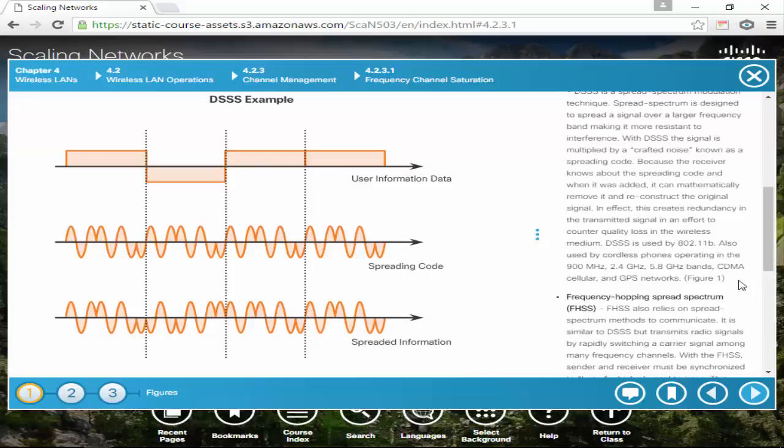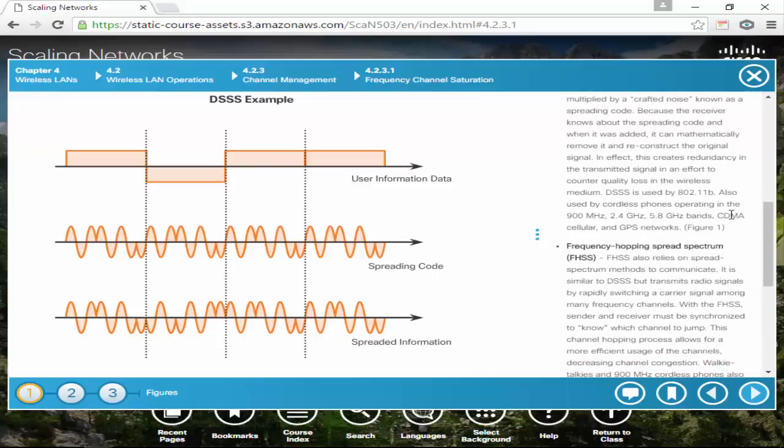DSSS is used by 802.11b, also used by cordless phones in the 900 MHz, 2.4 GHz, and 5.8 GHz bands, CDMA cellular, and GPS networks. The CDMA cellular, in my experience, is an emergency connection that you would have on its emergency wireless connection. Alright.